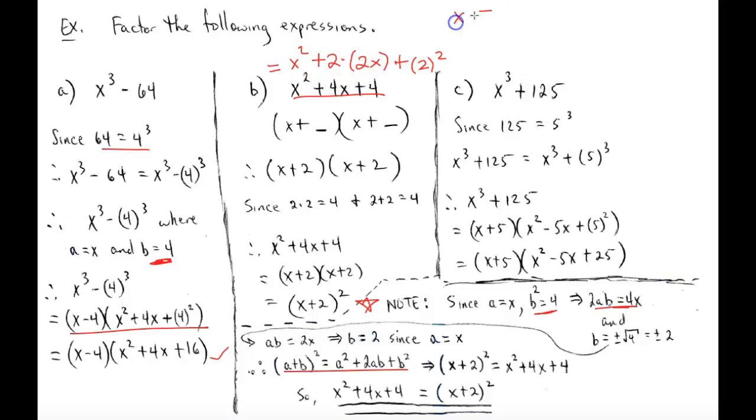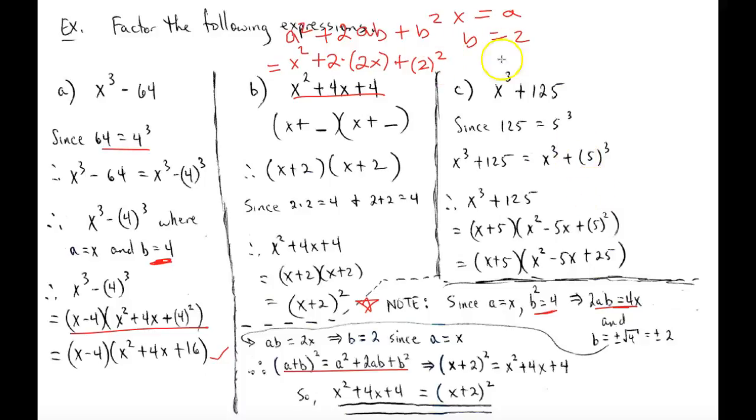If x is equal to a and b is equal to 2, then this is more like a squared plus 2ab plus b squared. Okay. So that's all I'm really trying to say down here, is that this x squared plus 4x plus 4 really kind of looks more so like the a plus b squared, where a squared plus 2ab plus b squared is in the same form. Okay.